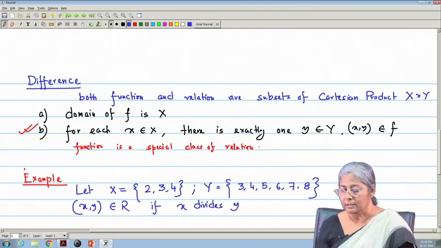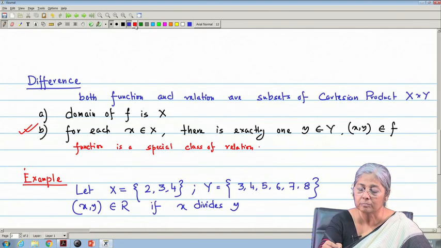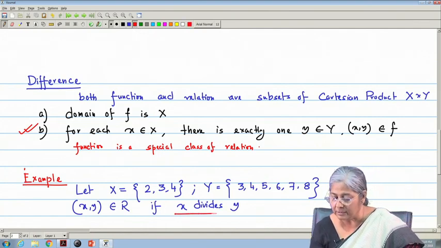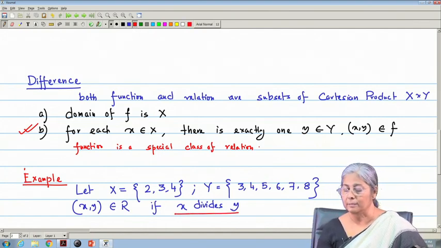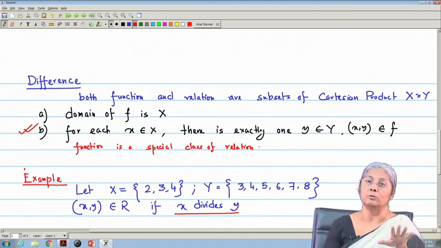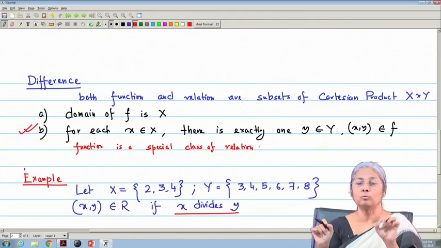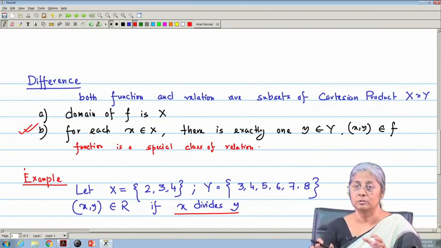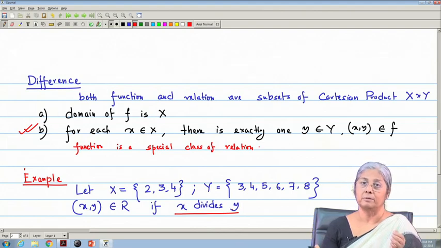So, this is the relation between the elements of X and the elements of Y. Out of all possible pairs of the Cartesian product, the relation consists only of those pairs where x divides y.